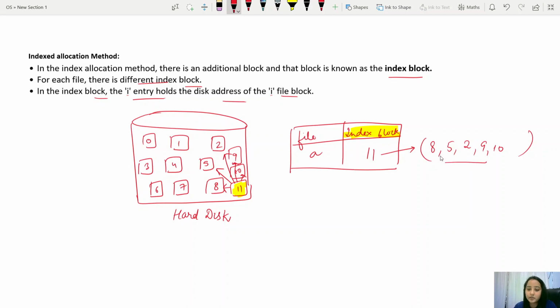That your information with respect to the file A is stored in 8, 5, 2, 9, 10, and all the information is kept in the index block. Means the address of the blocks is stored in the index block. Okay, so it supports direct access.